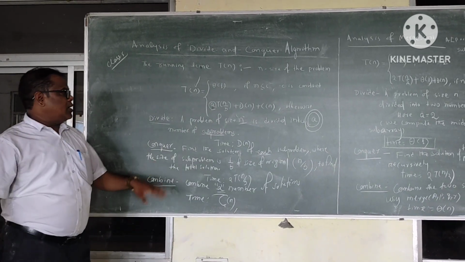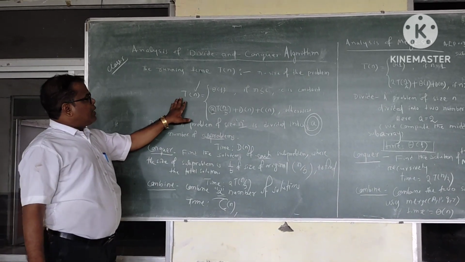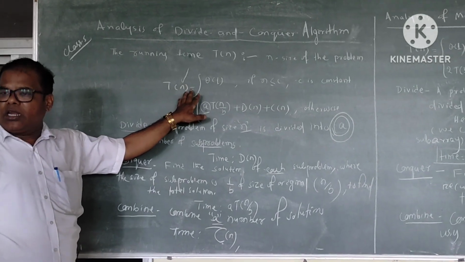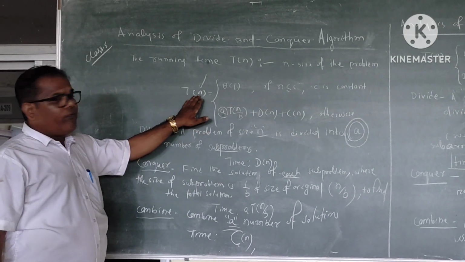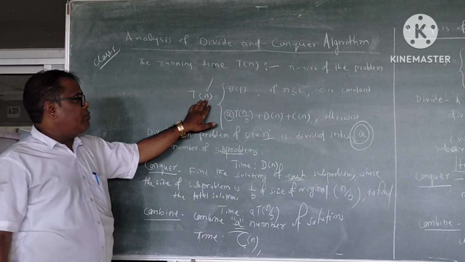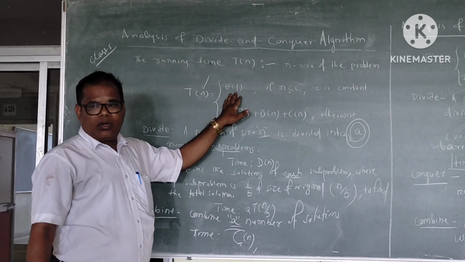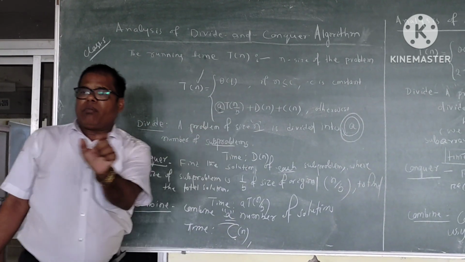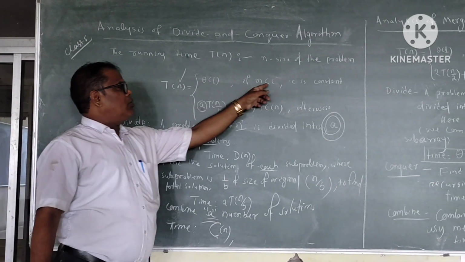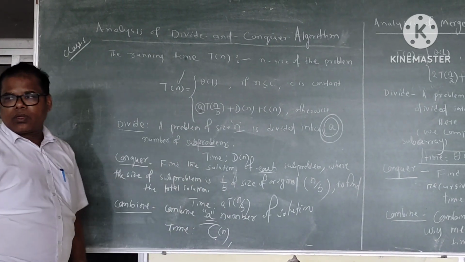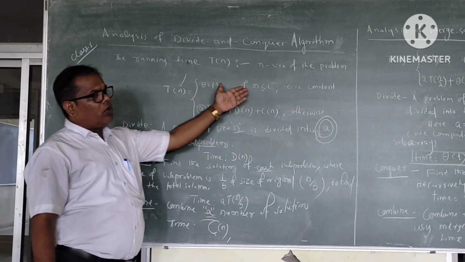Now we can write an equation: T of n, that is the running time, is equal to theta of 1 if the problem size is less than or equal to some constant. In merge sort, this is n equal to 1.